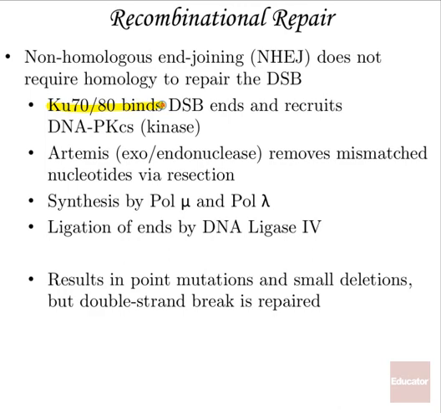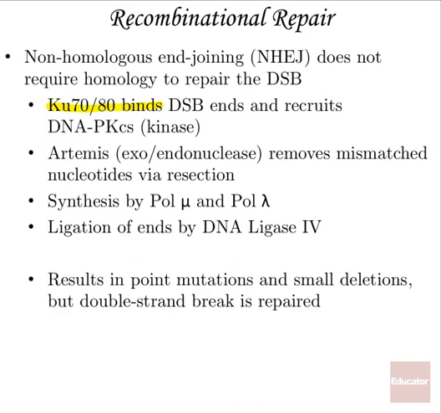We then have Artemis, an exo- and endonuclease, removing mismatched nucleotides via resection, cutting away the ends. We then have synthesis by pol mu and pol lambda, and we ligate the ends via DNA ligase 4. This will result in point mutations and small deletions, but the double-strand break is repaired.